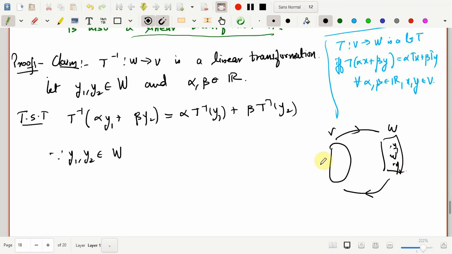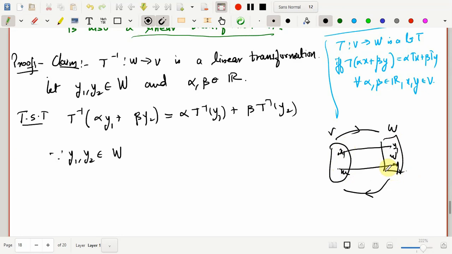So the question here is that for this y1 and y2, can I find the pre-image? That is, can I find the points in V, say x1 and x2, such that this x1 maps to y1 through this T and x2 maps to y2 through this T.